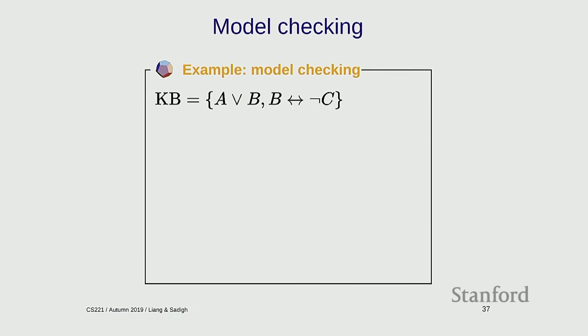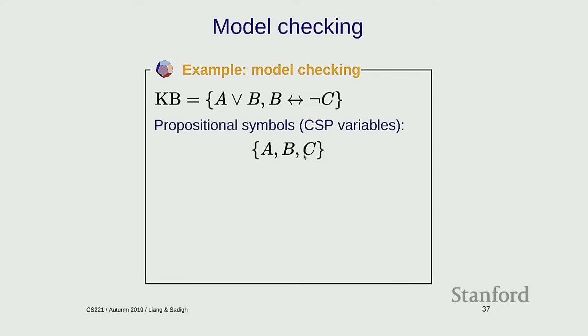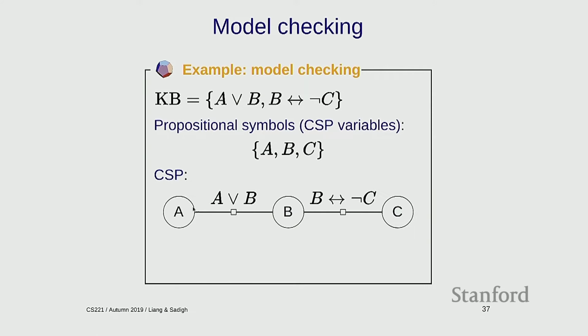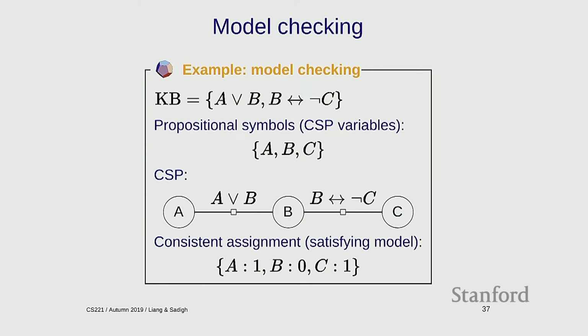So in this case, if we have a knowledge base like this, then there are three variables, A, B, and C, and we define this CSP, and then if we find a satisfying assignment, we return satisfiable. If we can't find one, then we return unsat.